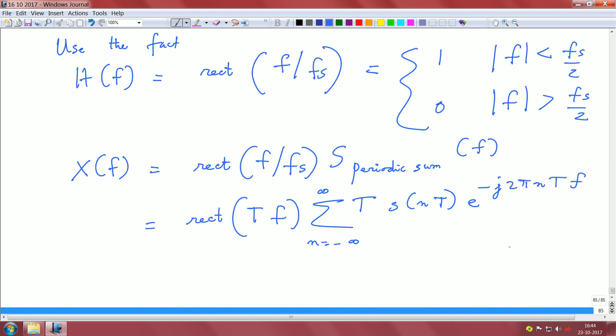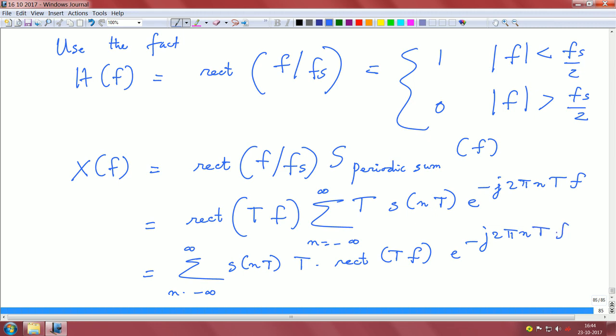We derived this earlier, right. So, now we fold everything here. So, this is basically summation n equals minus infinity to plus infinity s of nT times T times rectangle of Tf times e power minus j 2 pi n T f.